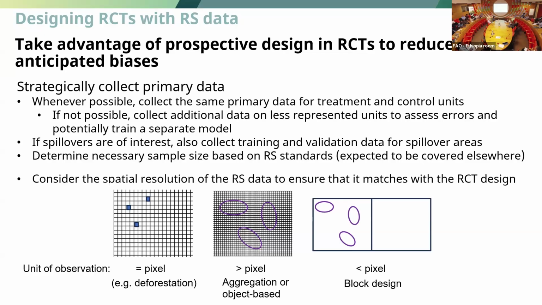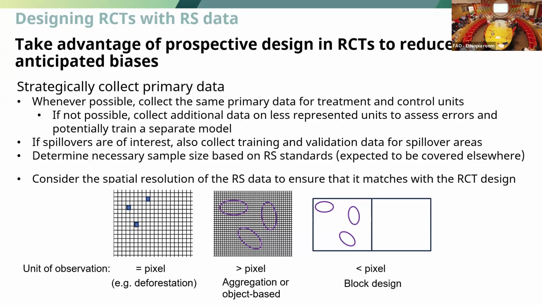So that's a great situation to be in. But there are examples where the pixel is larger than the unit of observation. So if you're trying to use something like MODIS fire data to look at fields being burned, you're going to have multiple fields within a pixel. And it's impossible to sort out which field got burned in a given pixel.